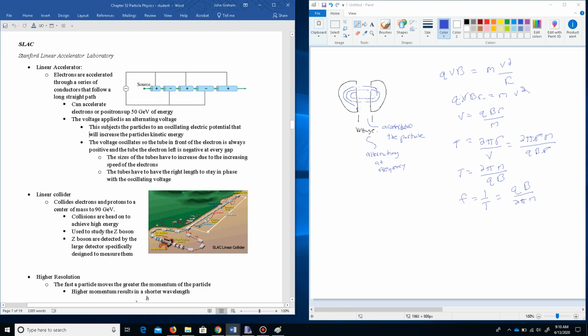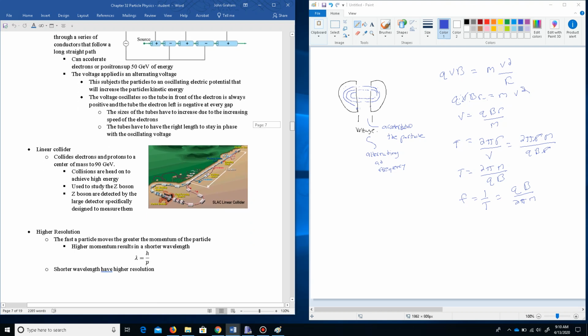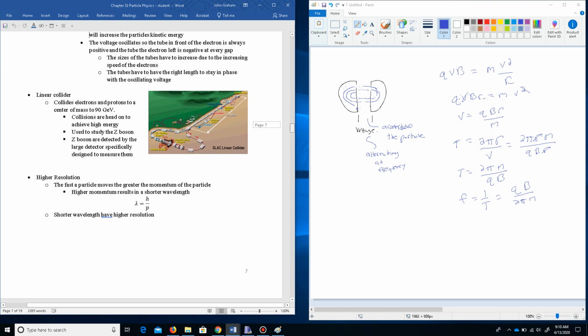And then the voltage oscillates, so the tube in front of the electron is always positive, and the tube the electron left is negative at every gap. That is the main way this works. Like I said, the size of the tubes has to increase due to the increasing speed of the electrons. And they have to be just the right length to stay in phase with that oscillating voltage.